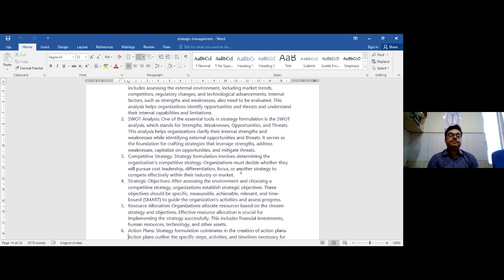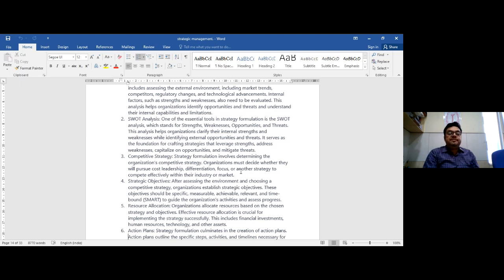We have the strategic objectives in terms of pursuing the SMART goals, or what we call the SMART objectives, and choosing the competitive strategy which would help an organization ultimately to establish its strategic objectives.